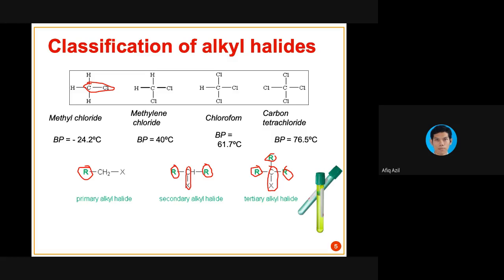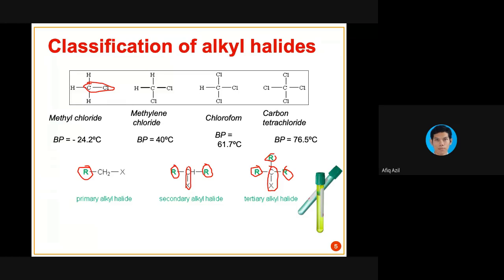Then the second one, this one, all of this is not primary, all of this is just methyl group. So none of this is an example of primary, secondary or tertiary. But this one is bonded to one halogen.